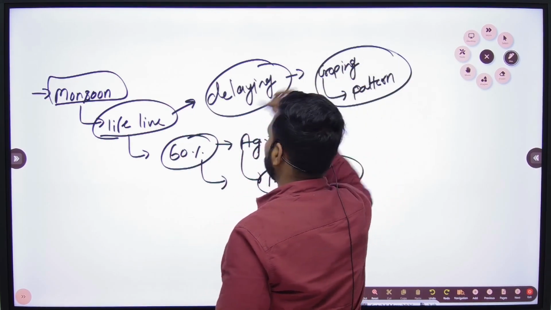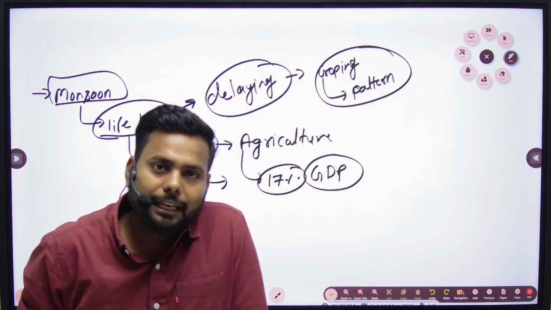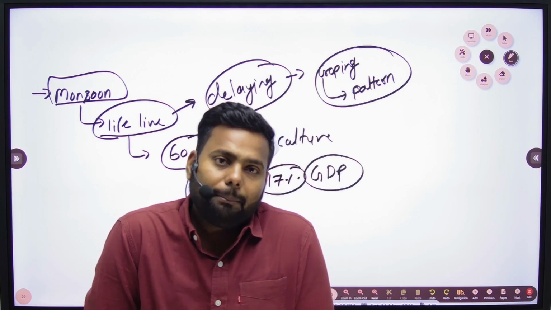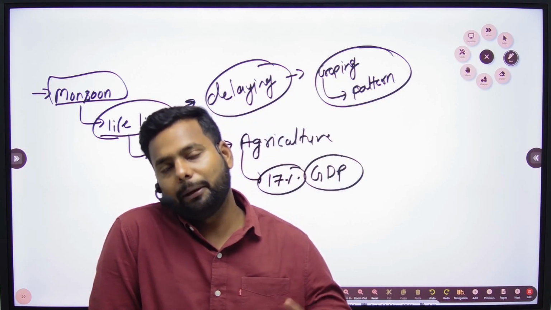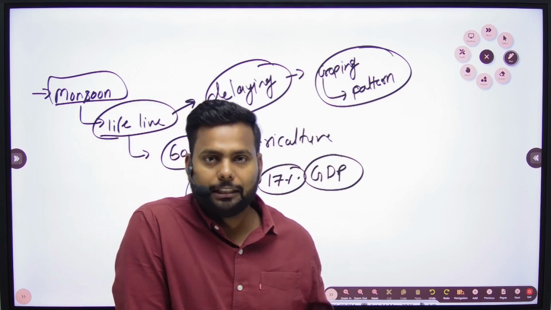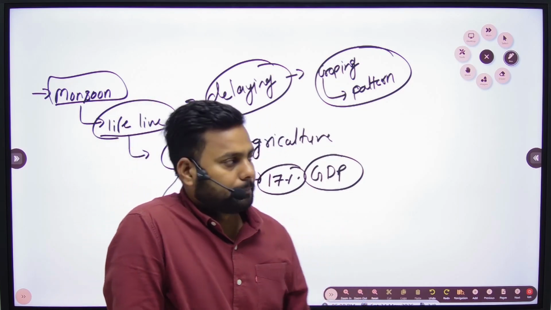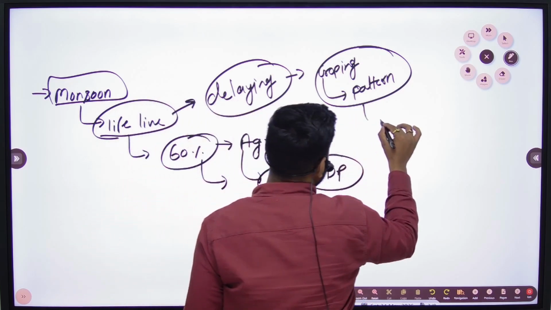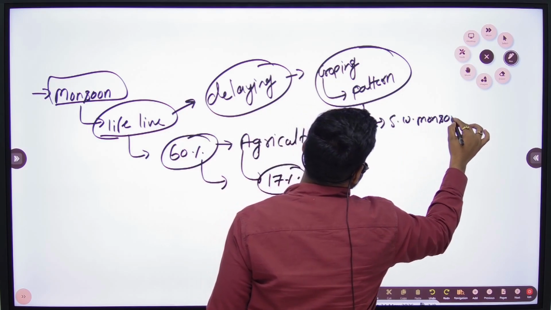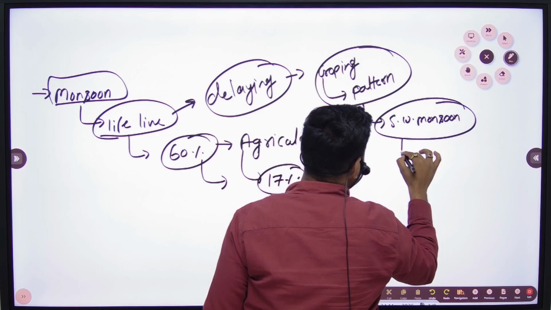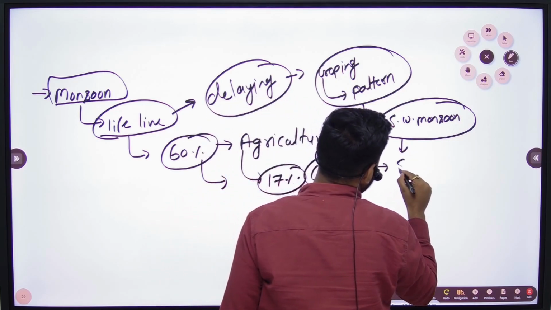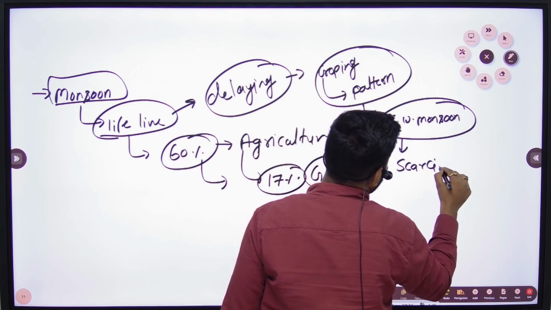Suppose the monsoon is delaying, then the cropping pattern of wheat, paddy, Rabi, Kharif and Zaid, all these are delayed. Suppose in the southwestern monsoon period the expected rainfall cannot be brought for any reason, it will lead to scarcity of food.